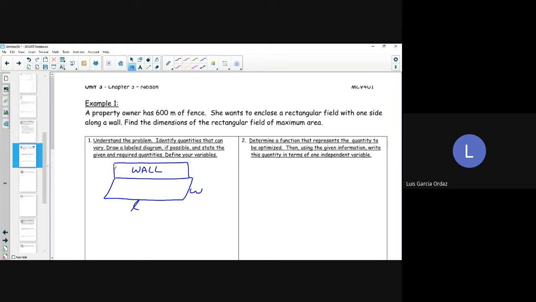So what information are we given to solve this right away? What can we use?